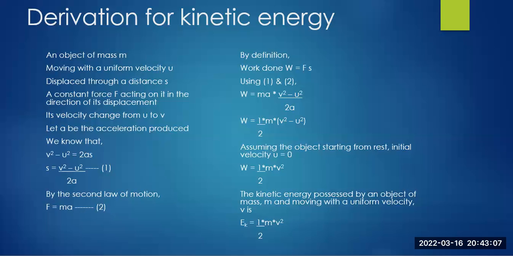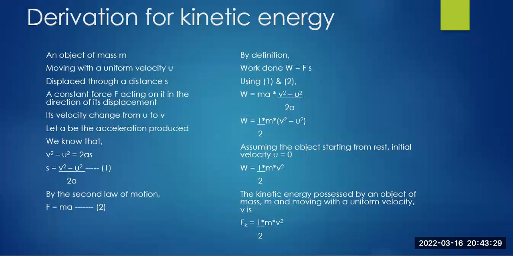We know that work done, by definition, W is equal to F into s. So substituting values of force F and displacement s from equations 1 and 2, we obtain W is equal to ma multiplied by v square minus u square upon 2a.